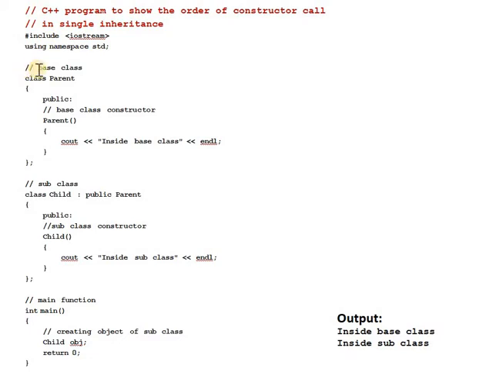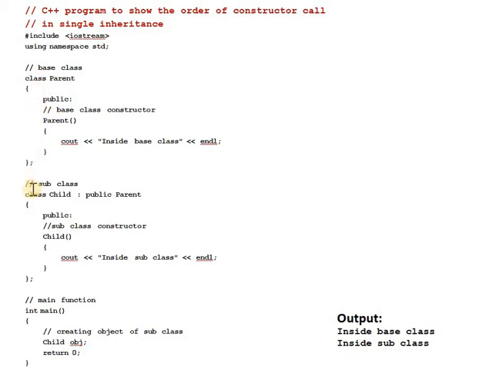Here is one base class, parent. In that parent class there is one constructor, the parent constructor. In that constructor we are simply displaying a message, inside a base class. This is the base class definition.